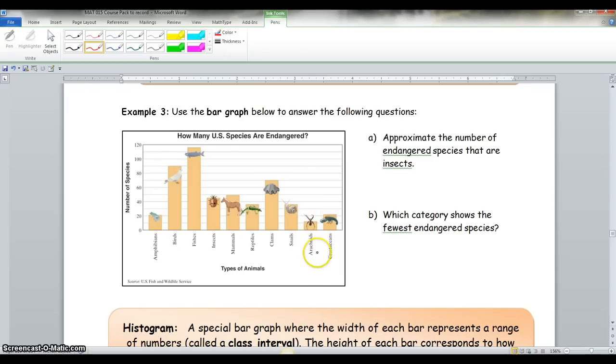Now we look here. Now we basically have only 2 categories here. Well, actually here's the insects right here. Now if we look here, this looks like a little bit over 40, but not quite 50, so that looks about 45. So we could write down 45.